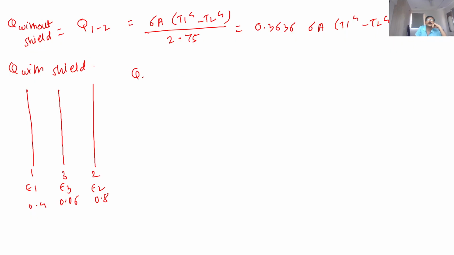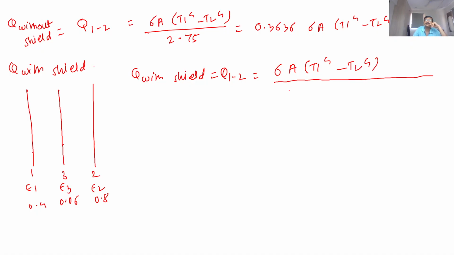Now, what is the formula of Q with shield? When the radiation shield is inserted, what is the formula for Q1 to 2 that I am writing? Sigma A T1 raised to 4 minus T2 raised to 4 divided by 1 by epsilon 1 plus 1 by epsilon 2 minus 1, plus, because of the shield, one extra bracket gets introduced. This formula is exactly the same as the previous formula. You see here.